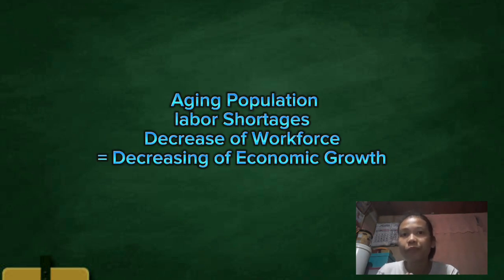And of course, population decline means fertility decline, or a lower fertility rate. So population decline may lead to an aging population, labor shortages, and decreased economic growth. So it may lead to an unproductive community or society.